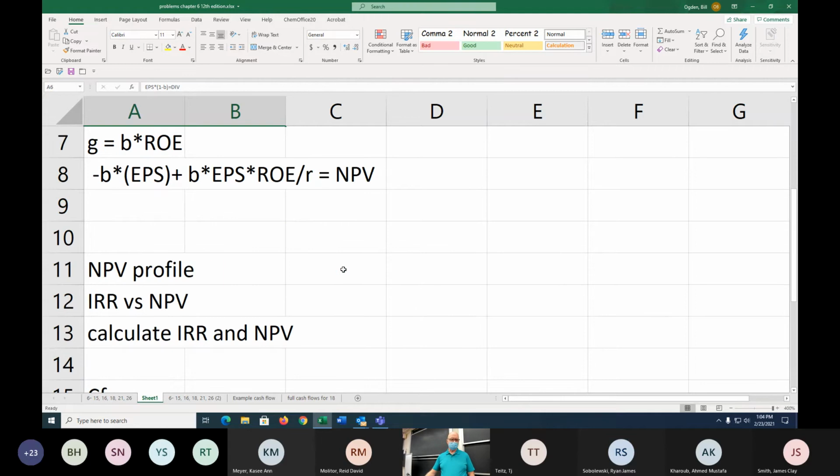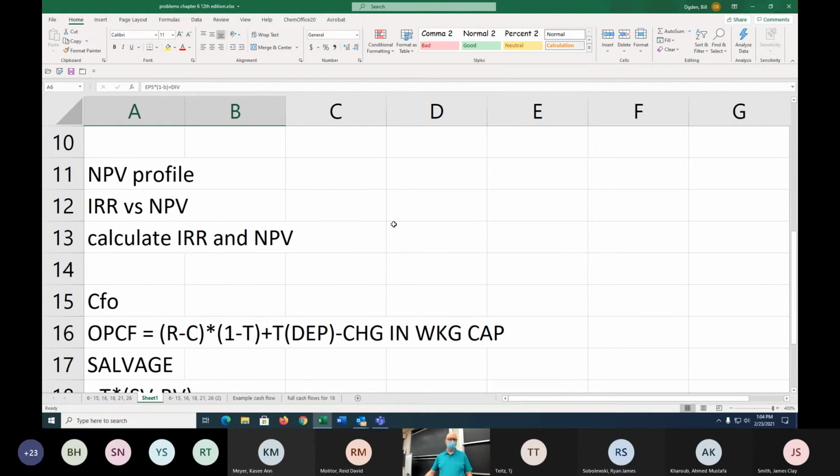Okay, then chapter 5, we did quite a bit. We did 3 problems in there that all had you draw an NPV profile. So I would make sure you understand the profile completely. Like, what are you graphing on the vertical axis?